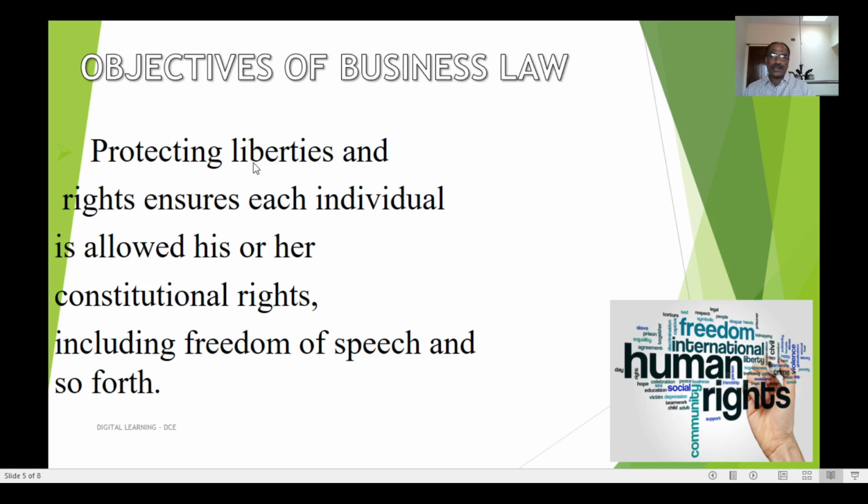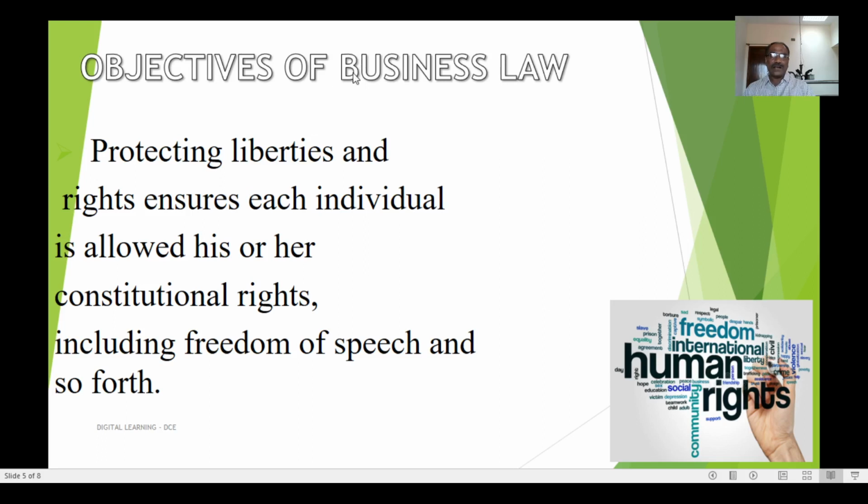In order to get the benefit of the liberty provided by the Indian Constitution, the freedom of right, freedom of speech, people can benefit with the help of the Indian Constitution, and that is possible only with the help of business laws.